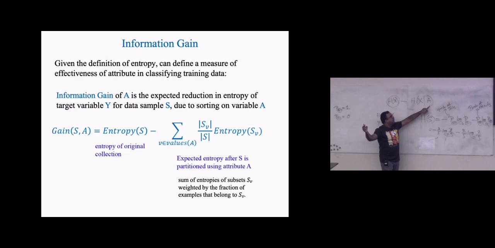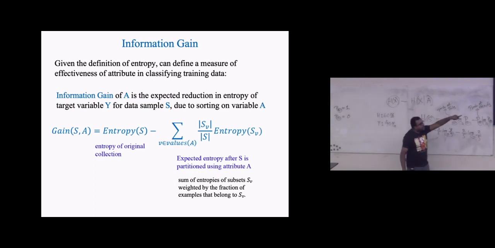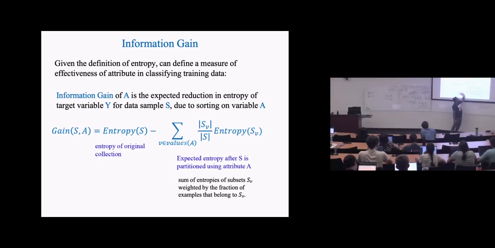So you have to account for each possible value of A in order to compute this, and that has to be an expected value. You look at the proportion of instances with that particular value, compute the entropy for that subset, and take an expectation over all the possible values. That's how you compute the second part. That's why you see that weighted average. Questions here?